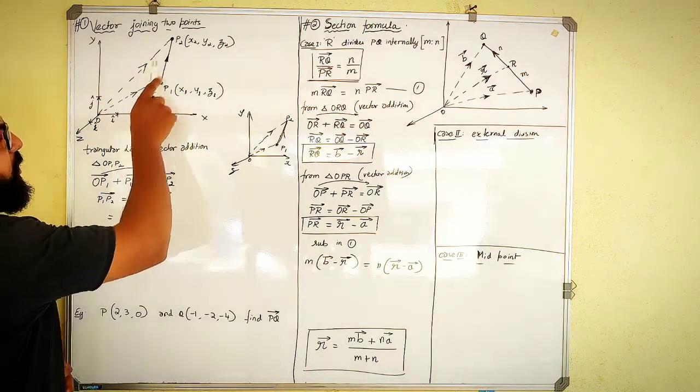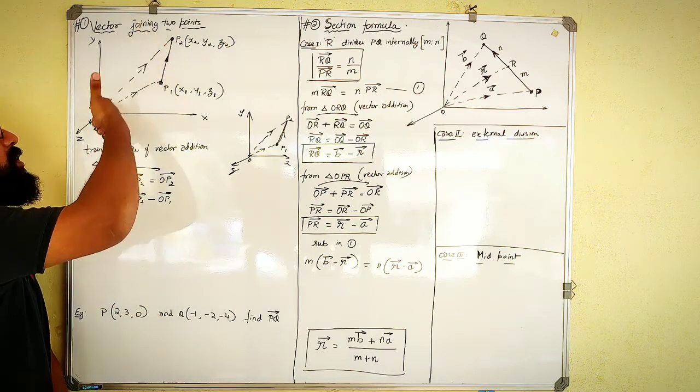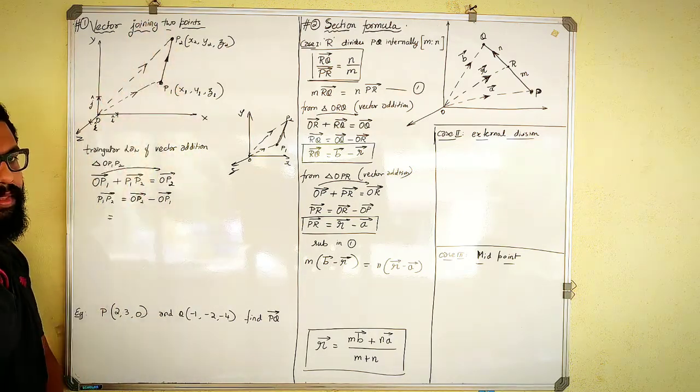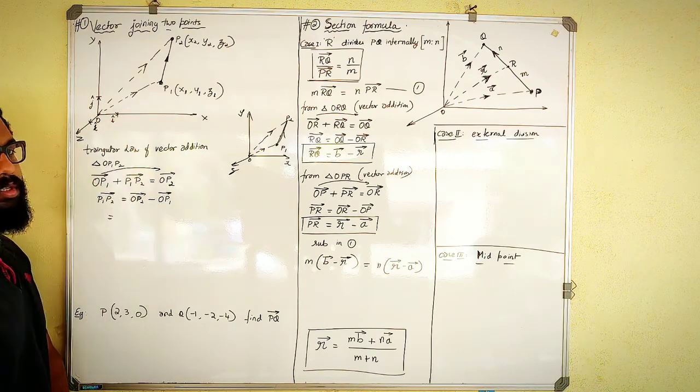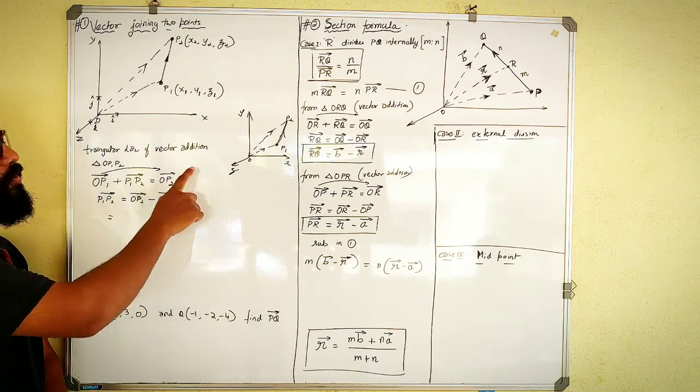Now this looks like a triangle, isn't it? That is O, P1, P2. These 3 points form a triangle, so I can apply the triangular law of vector addition.